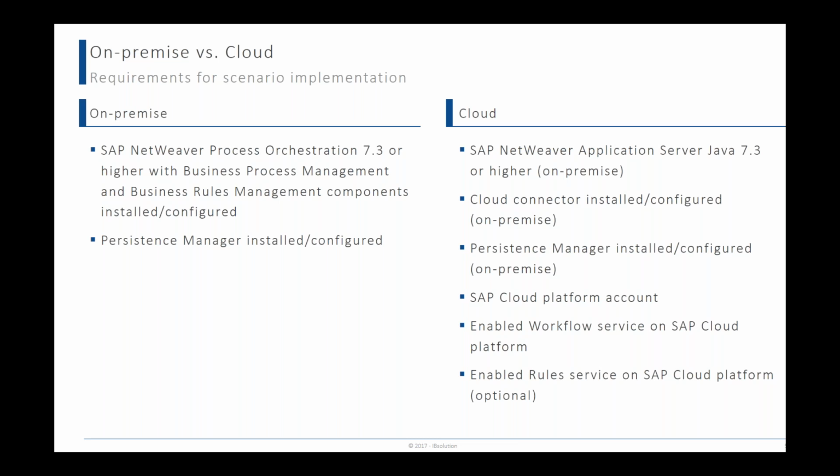It just has to be extended to the respective REST URLs, and then, of course, the persistence manager should be installed and configured, and you would need a SAP Cloud Platform account. You would need an enabled workflow service, and if you would also like to use the rules, which at the moment are in beta phase, once they are publicly available you should also have enabled rule services on the SAP Cloud Platform in order to benefit from all the possible scenarios.